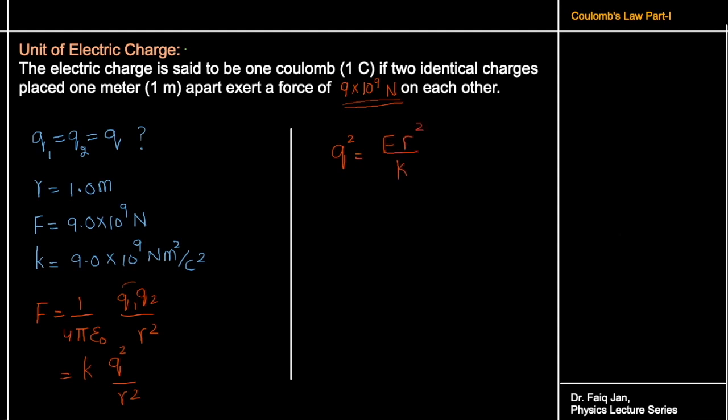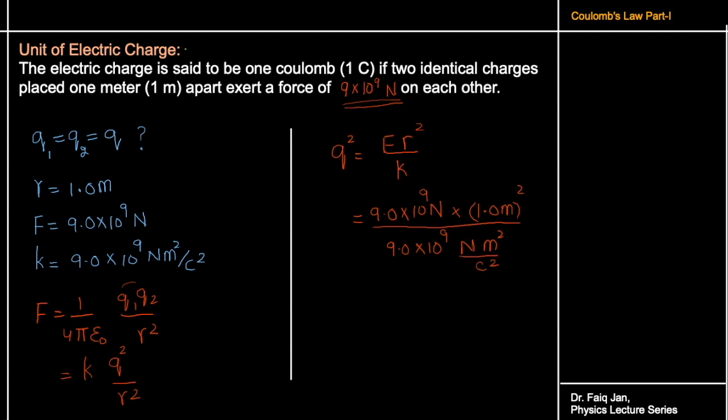Plugging the numerical values, that is 9.0 into 10 raised to power 9 Newton is the force when the charges are 1 meter apart, and the electrostatic constant is 9.0 into 10 raised to power 9 Newton meter square per Coulomb square.